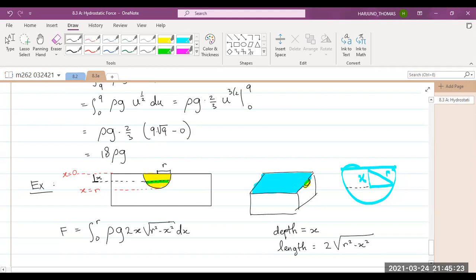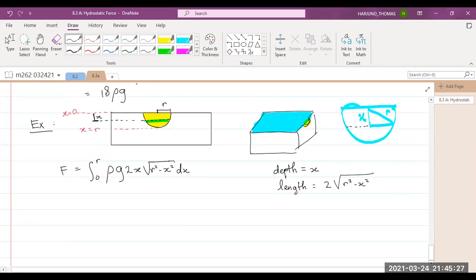Actually, we can go further. I can go further doing substitution. We can solve this integral in terms of x and r. Actually, at the end, we will not have x, but we will have r. So let's do u-sub: u equals r squared minus x squared. du is negative 2x dx.